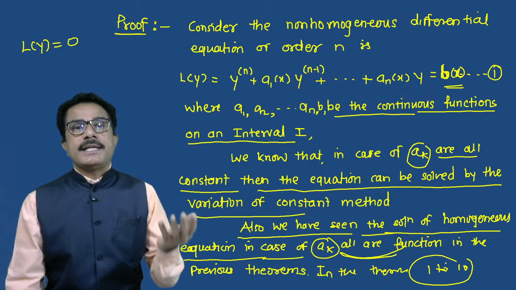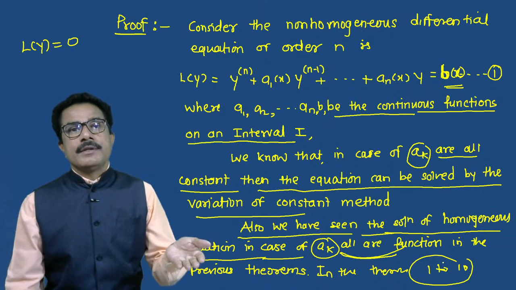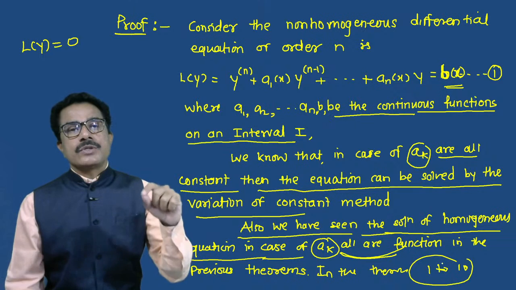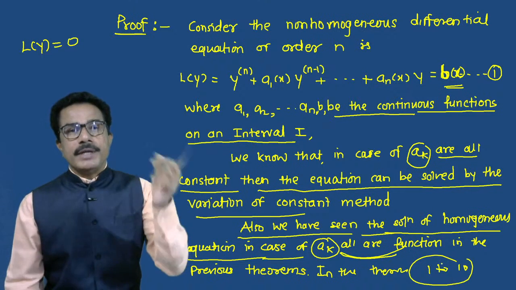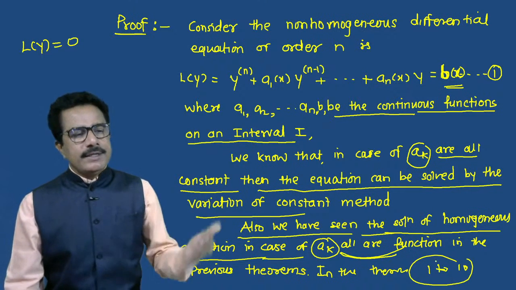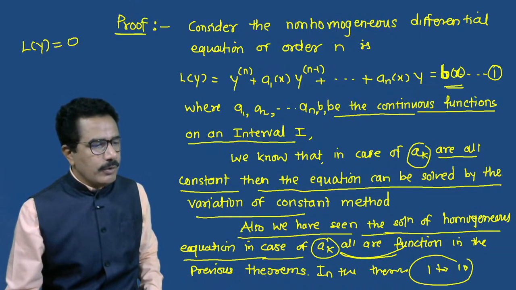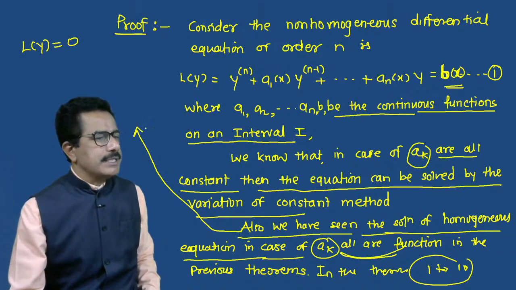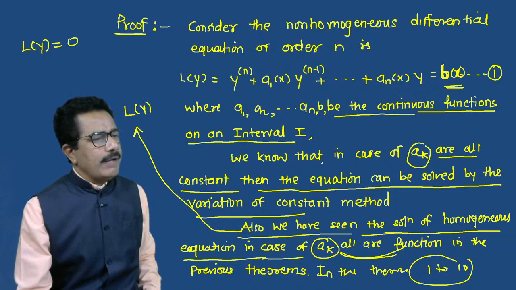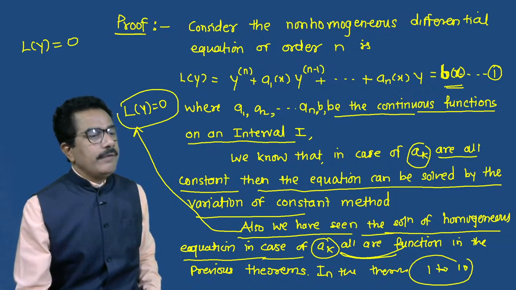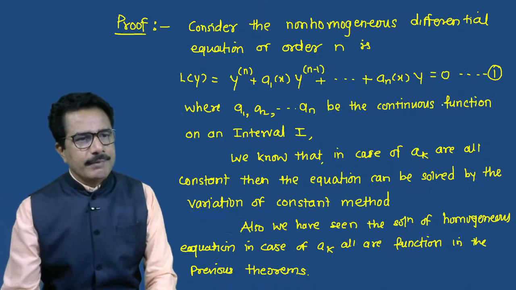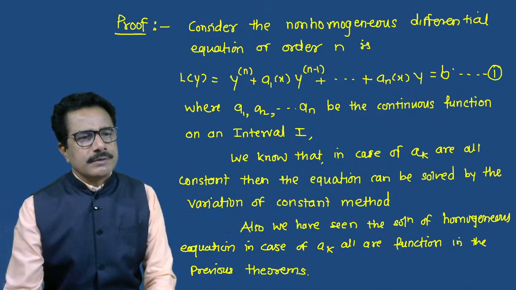We have solved by the reduction of order method, or the replacement phi 2 equals phi 1 of x into an integral. We have solved that formula. In different theorems we have seen how to solve the homogeneous differential equation, meaning L of y equals 0 with variable coefficients. Okay.